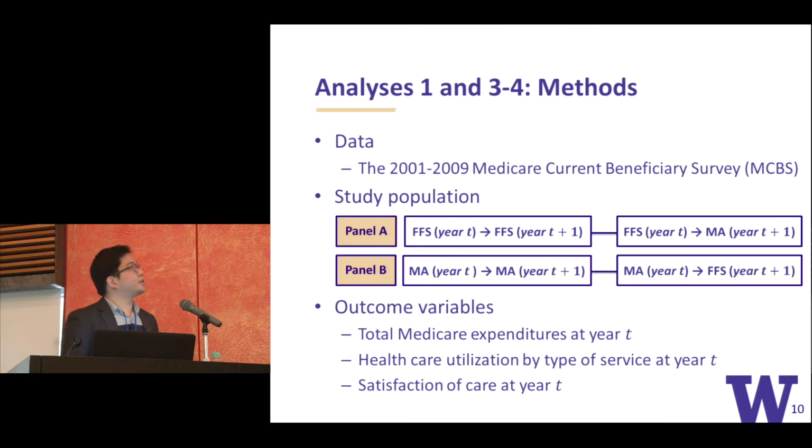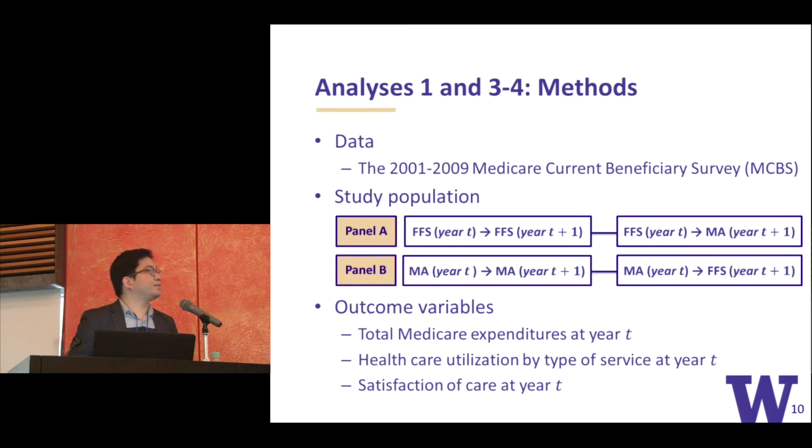So for the first, third, and fourth analysis, I used the Medicare Current Beneficiary Survey between 2001 and 2009. The MCBS data is longitudinal data, so I created 2 panels. Panel A includes people staying in FFS plans at year T, and I followed up their next year's plan choice, so FFS or MA plans.